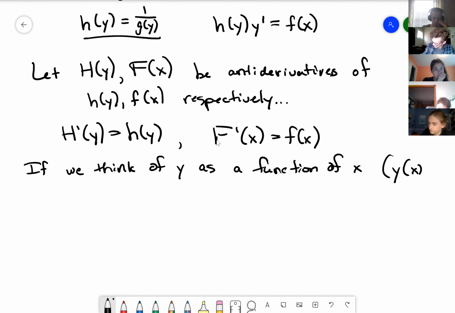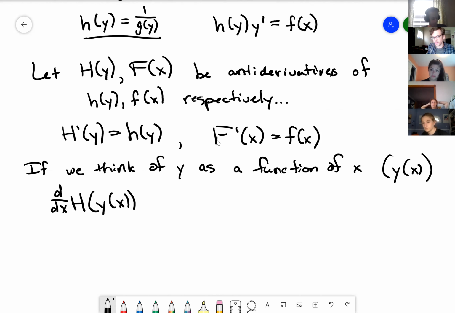So was there a question? So we apply the chain rule here. We get that this is h prime of y of x multiplied by y prime of x.